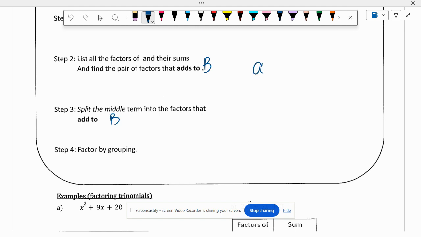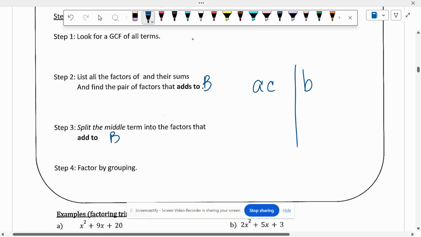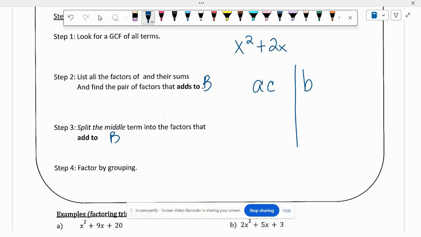So let me just tell you what that looks like. When you think of AX squared plus BX plus C, I'm going to give you an example: X squared plus 2x minus 8.